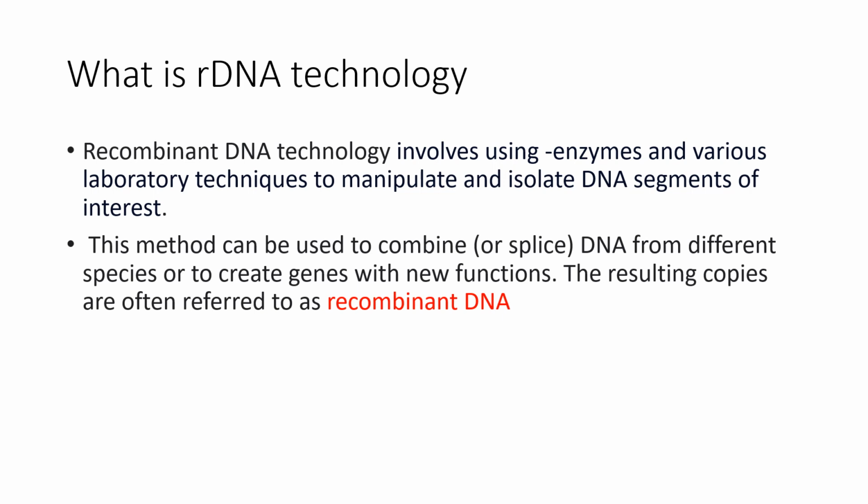This process is used to combine or splice DNA from different species to create genes with new functions. For instance, we have DNA in a human that codes for insulin. Then we also have microorganisms, let's say E. coli, that carry DNA, and we can combine the DNA from the human being, which is the gene of interest, with the DNA of microorganisms.